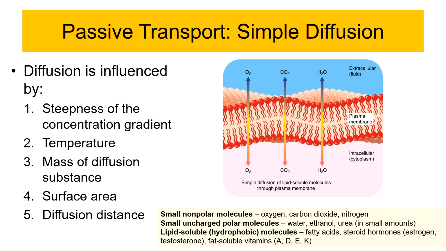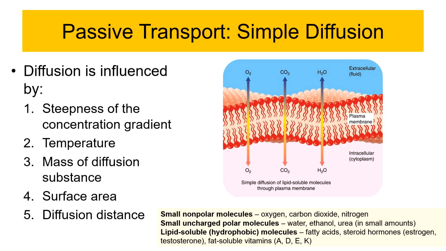Let's talk about passive transport, simple diffusion. The first passive transport mechanism is simple diffusion. Diffusion is influenced by several factors. These include the steepness of the concentration gradient, temperature, the mass of the diffusing substance, surface area, and diffusion distance.